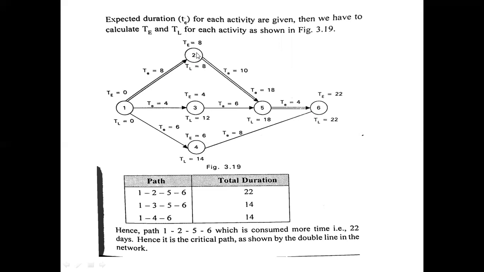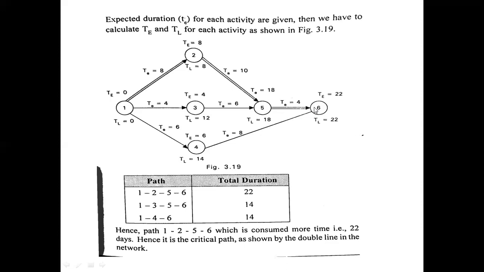So the earliest finish time of the second activity is the duration of the first activity, that means 0 plus 8, which is 8. Similarly for this fifth one, 8 plus 10, which is 18.